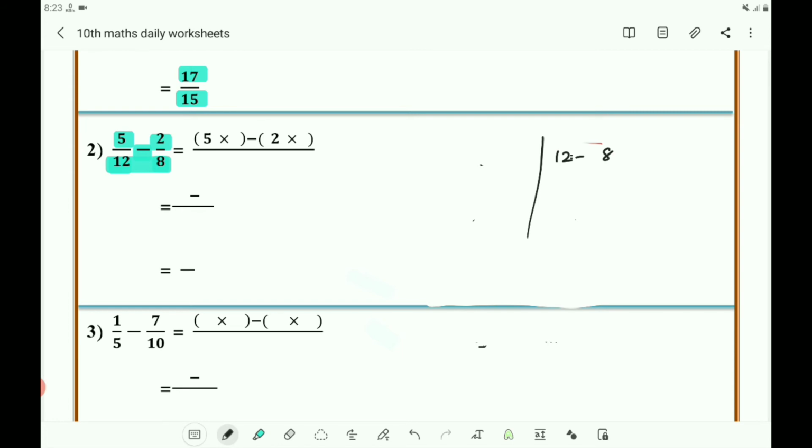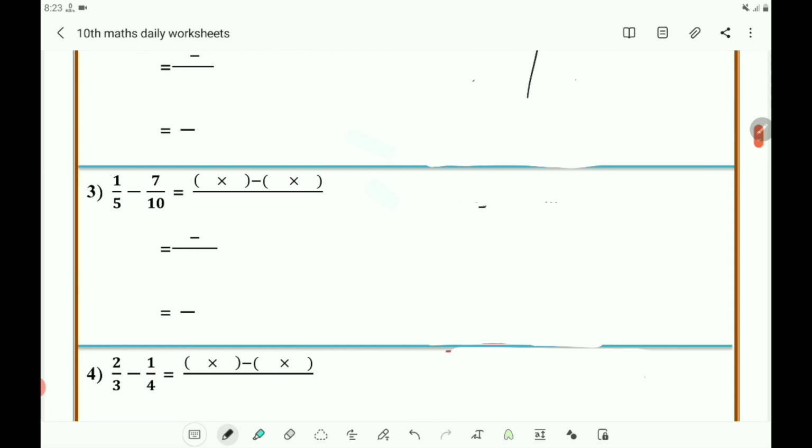Write the LCM. After that, 12 into what gives the LCM, you must take, and 5 into that number must come here. Similarly, 18 into what gives the LCM, again 2 into that number. Here you know the method of finding the LCM. Get the LCM and complete the second one.